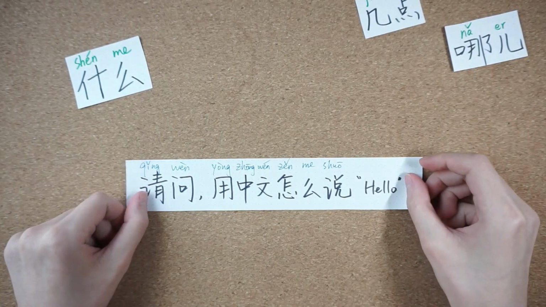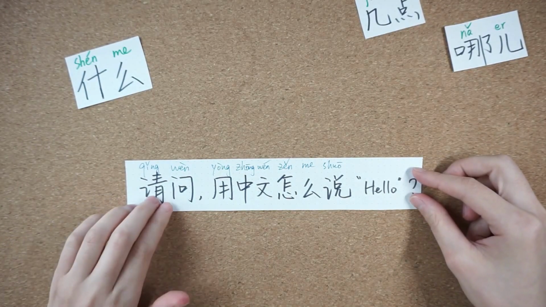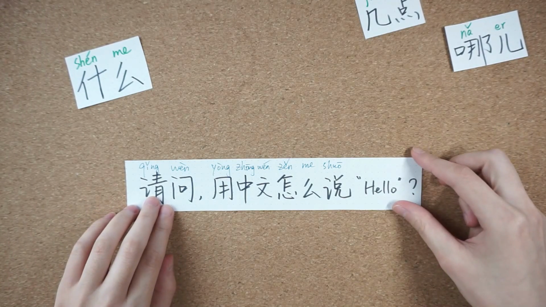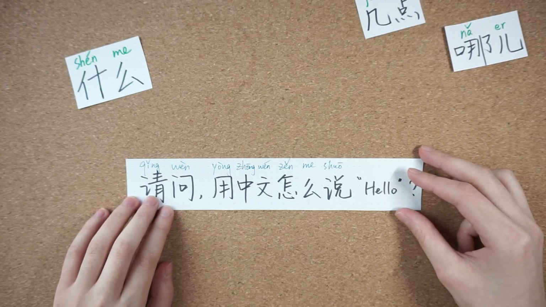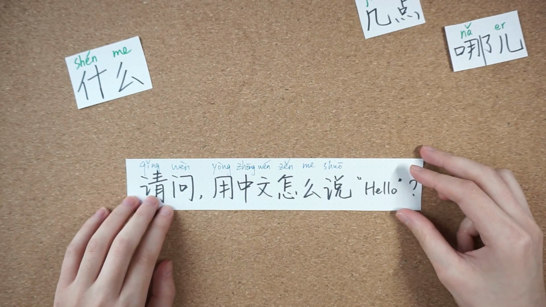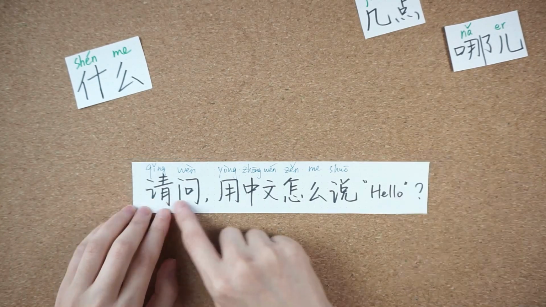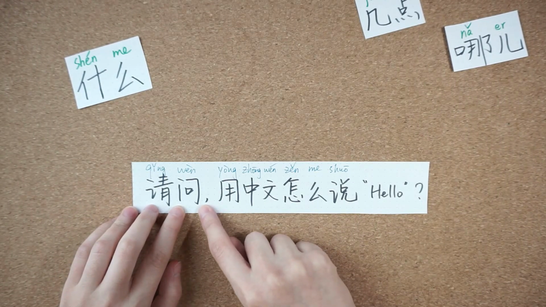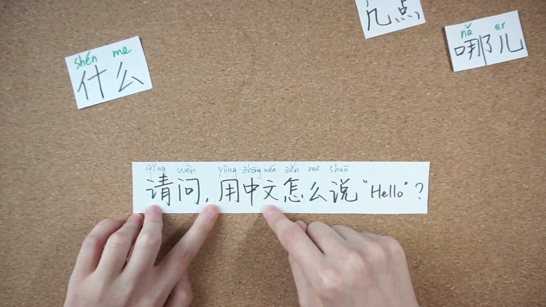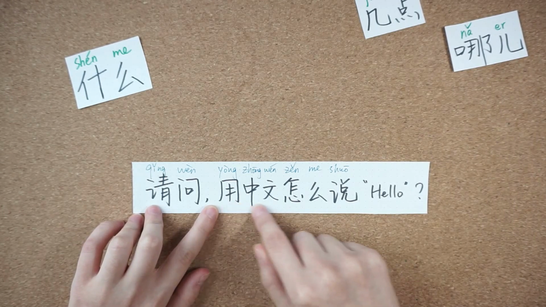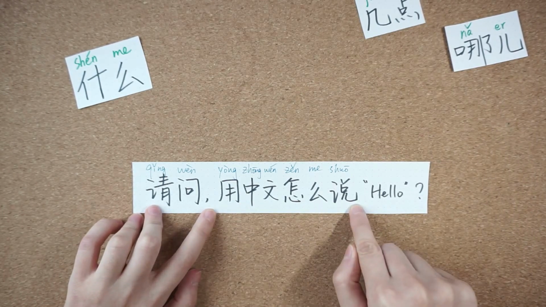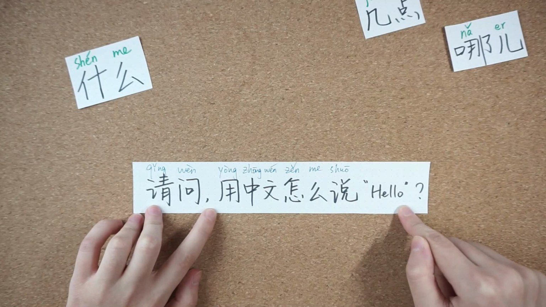And 怎么 has another meaning, means how to do something. In Chinese, we simply just use 怎么 plus a verb expressing how to do something. 请问, may I ask, 用中文怎么说 hello? 用中文 means use Chinese. 怎么说 how to say hello.